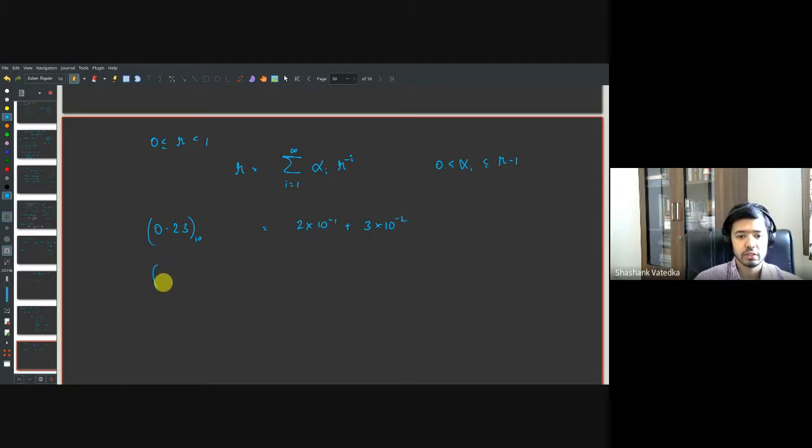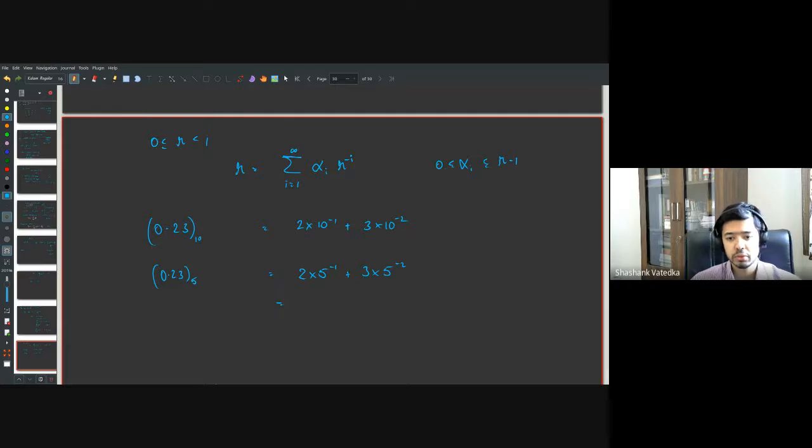right? So if I write 0.23 in base 5, then this notation means that it is the following number. It is 2 into 5 to the minus 1 plus 3 into 5 to the minus 2.